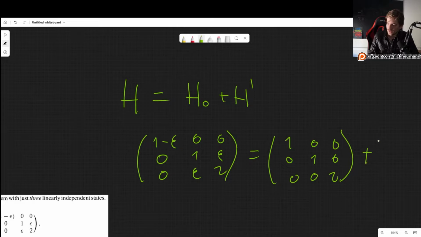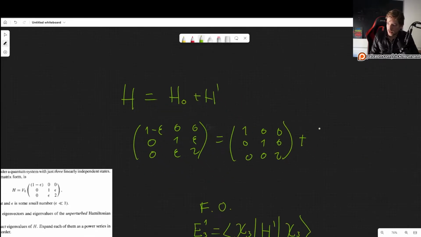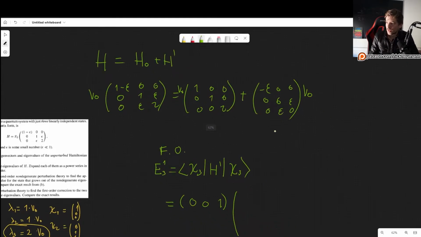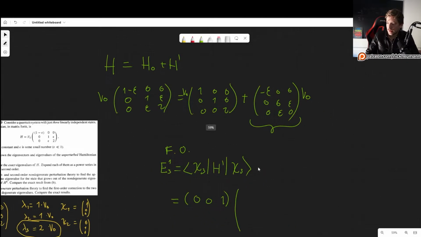And then plus, for this to be the same, we need minus epsilon 0, 0, 0, 1, or rather epsilon and epsilon 0, 0, 0. And of course, all of these are multiplied by V0. Okay, so this right here is our matrix.